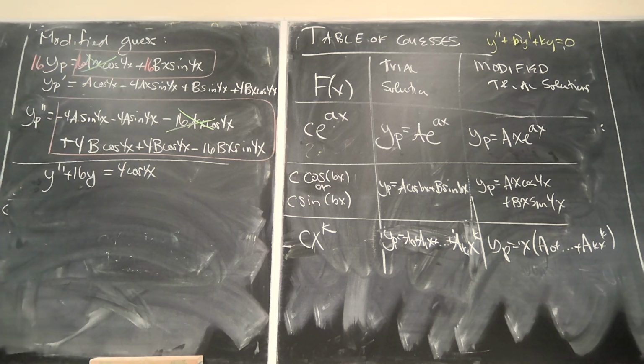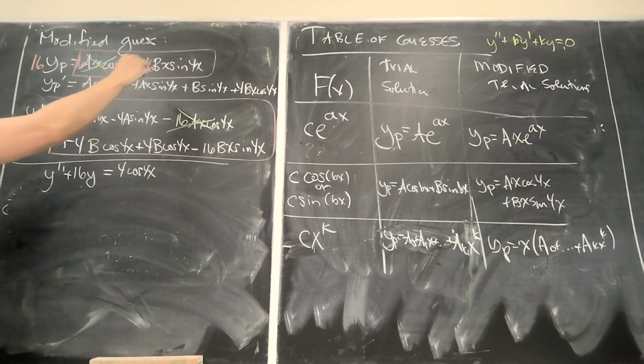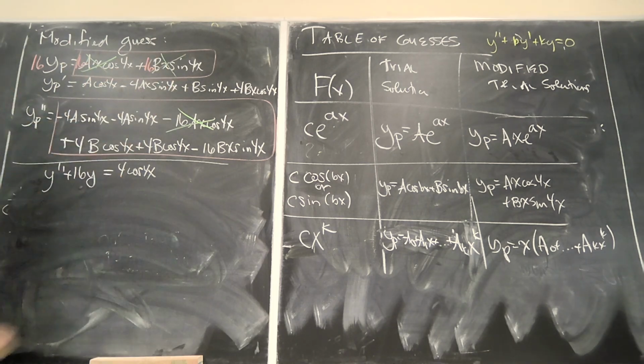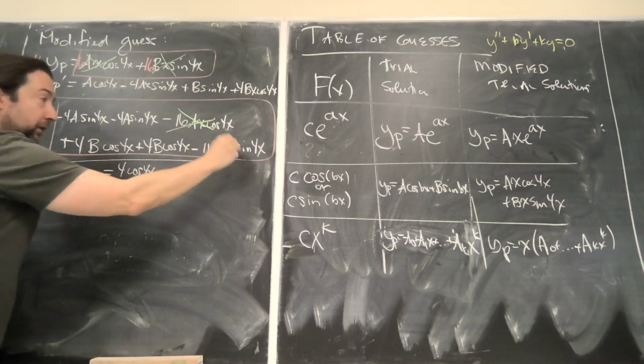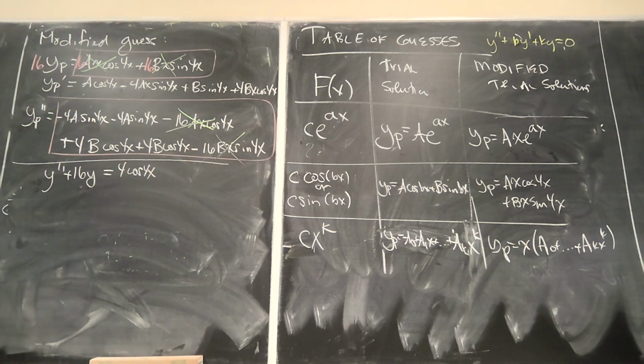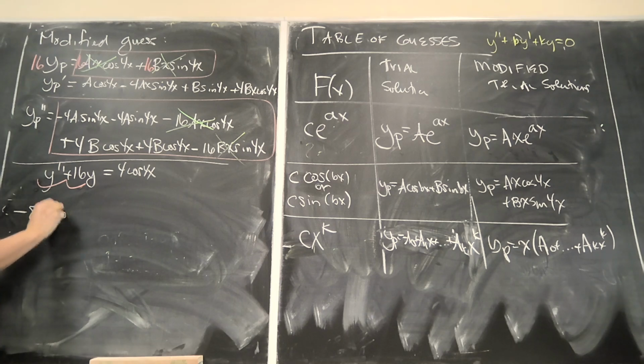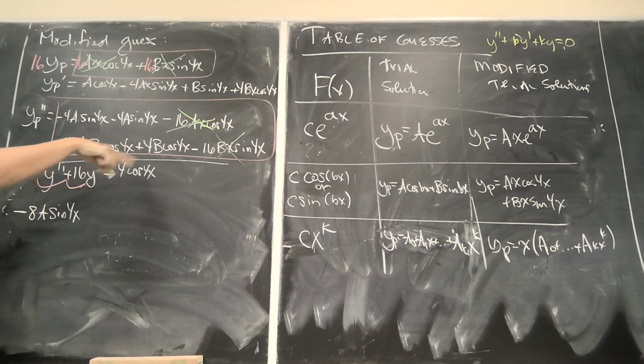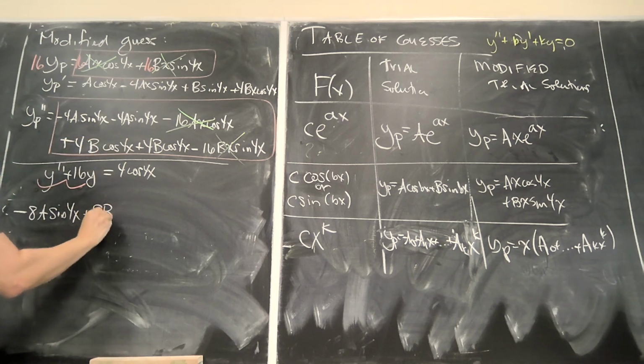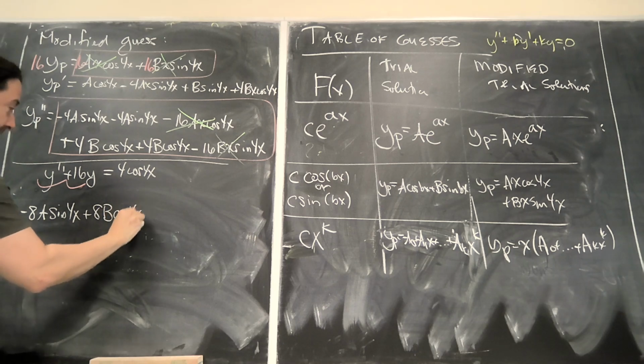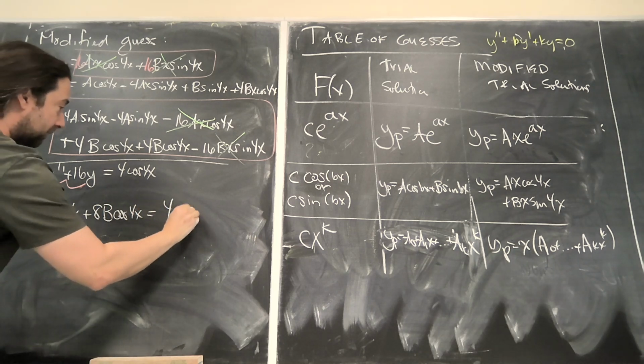There's a 16bx sine of 4x and a negative 16bx sine of 4x. That term is gone. So what you're left with is minus 8a times the sine of 4x plus 8b times the cosine of 4x is equal to 4 times the cosine of 4x.